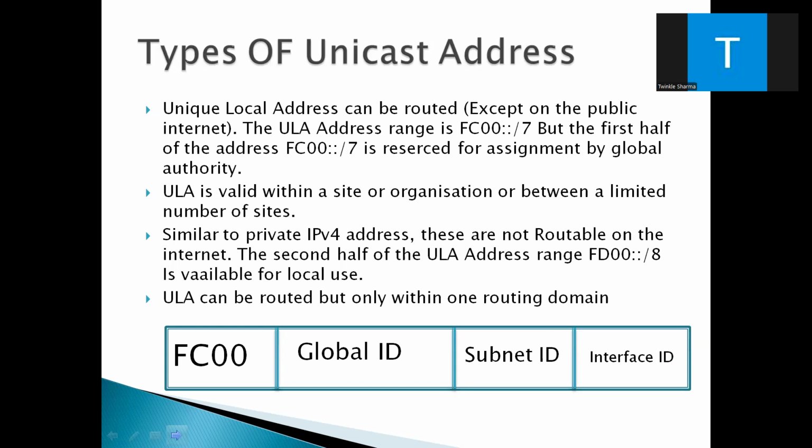ULA is valid within a site or organization or between a limited number of sites. Similar to private IPv4 addresses, these are not routable on the internet. The second half of the ULA address range, FD00::/8, is available for local use. ULA can be routed but only within one routing domain.